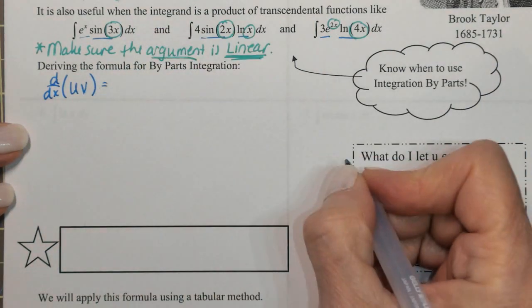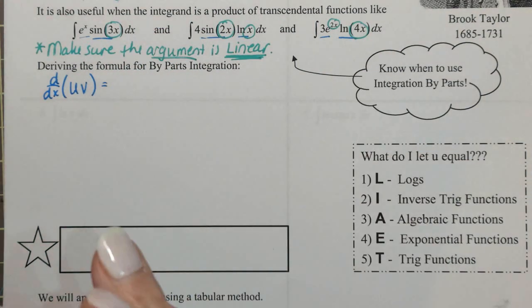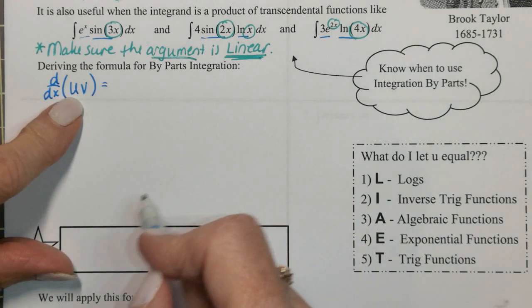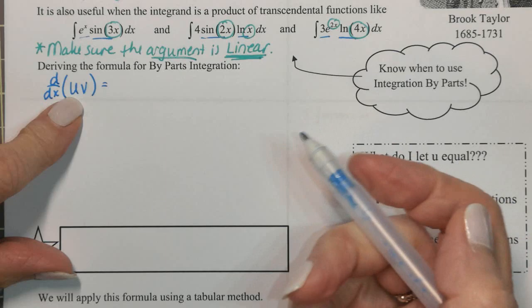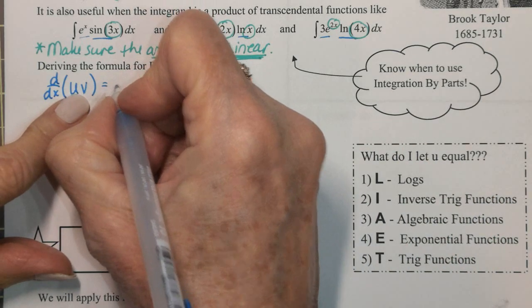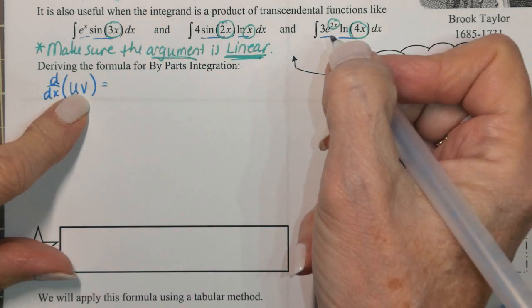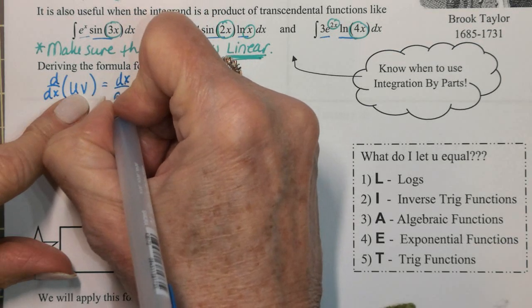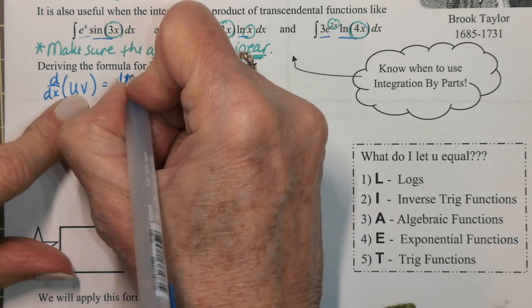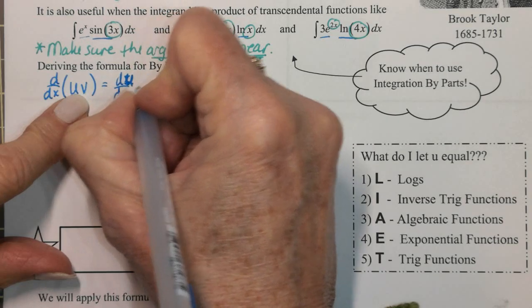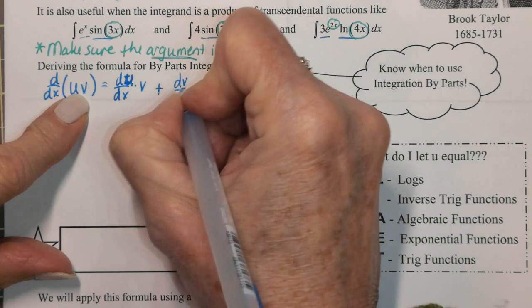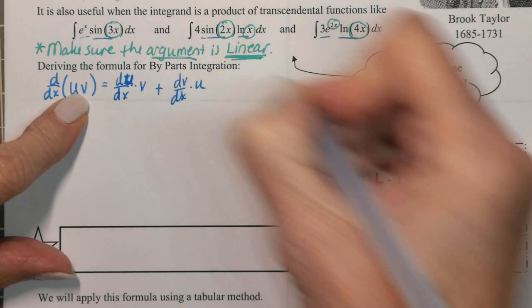We know to take the derivative of a product, we use the product rule. u prime v plus v prime u, right? But I'm going to write those derivatives, instead of using prime notation, I'm going to use Leibniz's d notation. du dx times v plus dv dx times u.